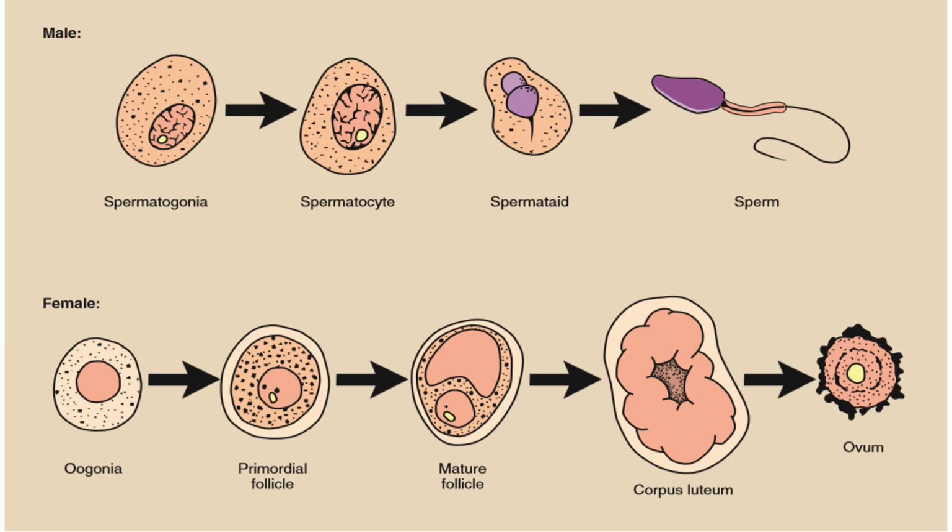So yan yung process of the development, or the gametogenesis, of germ cells for both male and female. So the most radiosensitive for male germ cell is spermatogonia, and for female germ cell it is the mature follicle.